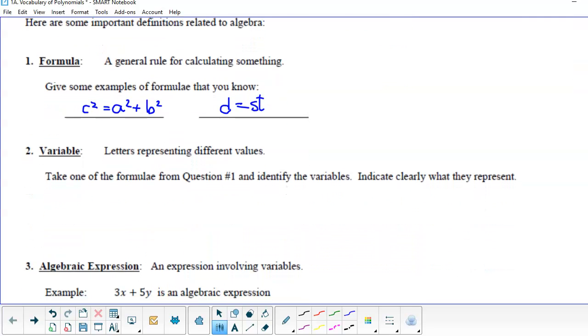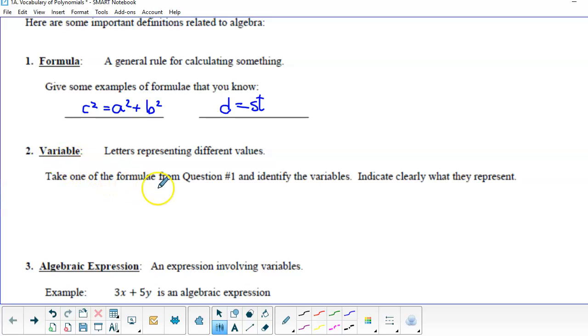Next part says variable. Those are letters representing different values. So those are the variables in your formula, or in any type of relation where you come up with an equation that relates two or more variables. The word variable means that you can change the value of it, so it varies.